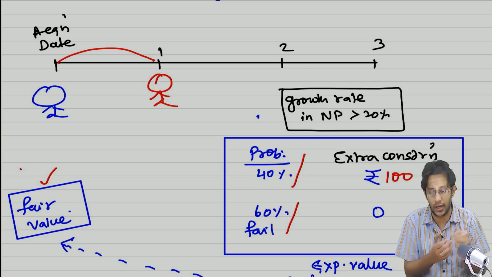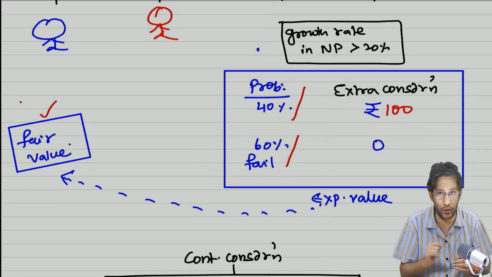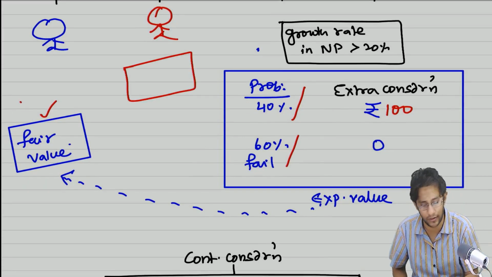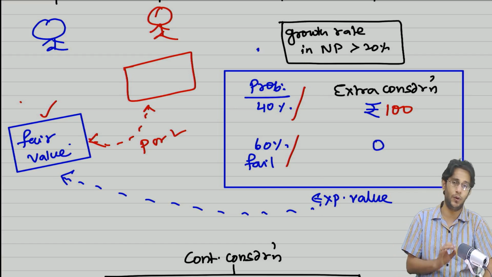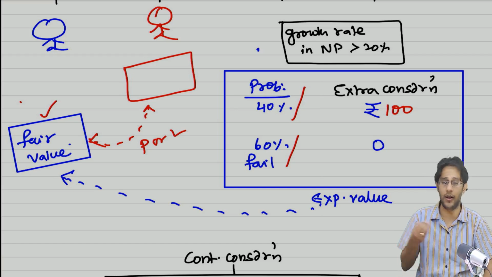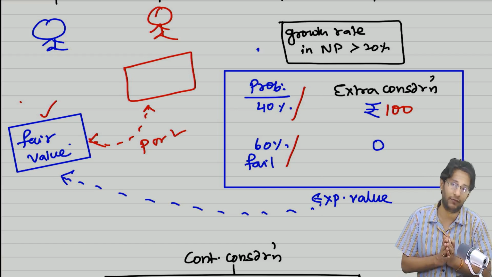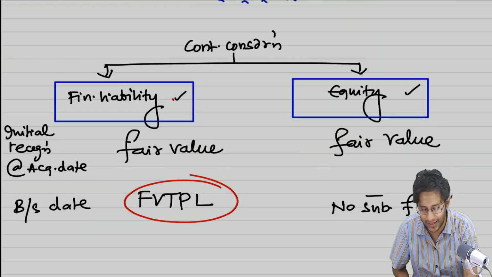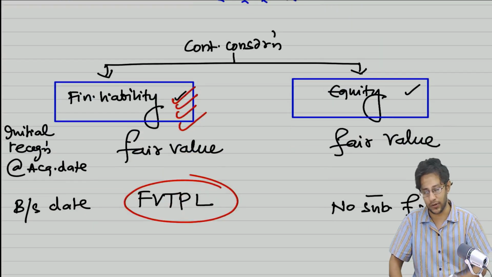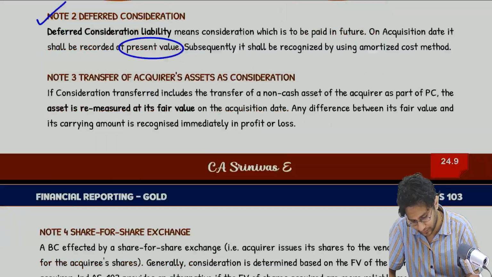The discounting will change too. Earlier you discounted by 3 years, now you will discount it only by 2 years. So the number would be different. Already you recorded this; whatever gap is there from here to here will be booked as income or expense in P&L. Fair value changes, FVTPL. So that accounting for contingent consideration will be applicable only when it is classified as a financial liability. So that's about contingent consideration.